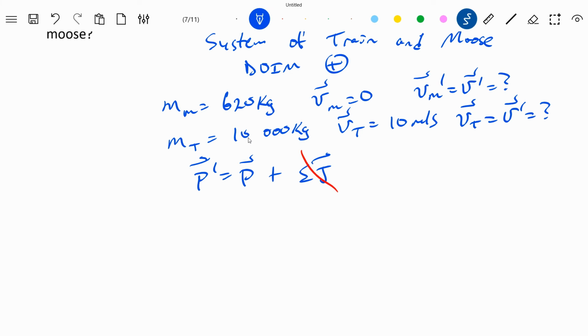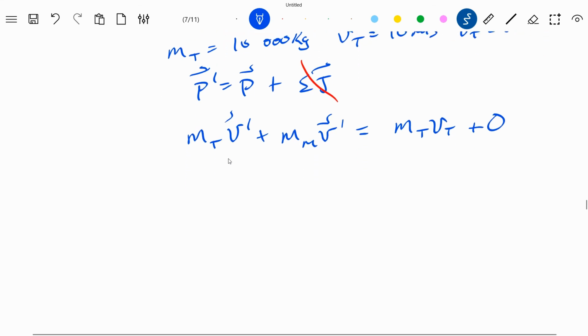Okay, there we go. P prime is going to be mass of the train, moving at that common v prime, plus the mass of the moose, common velocity, equal to the mass of the train, velocity of train, plus nothing because the moose was originally stationary, frozen in fear, I believe it was.